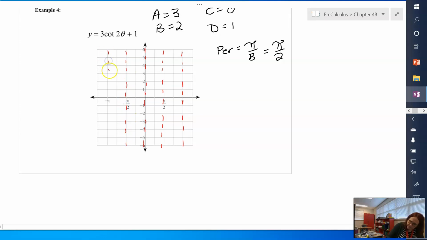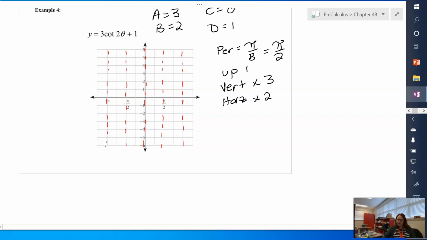And lastly here. Okay, so when I plot my points, I have to remember my times 3 stretch plus up 1. So let's write this down. We're going to go up 1. We have a vertical times 3 stretch, and we have a horizontal times 2.